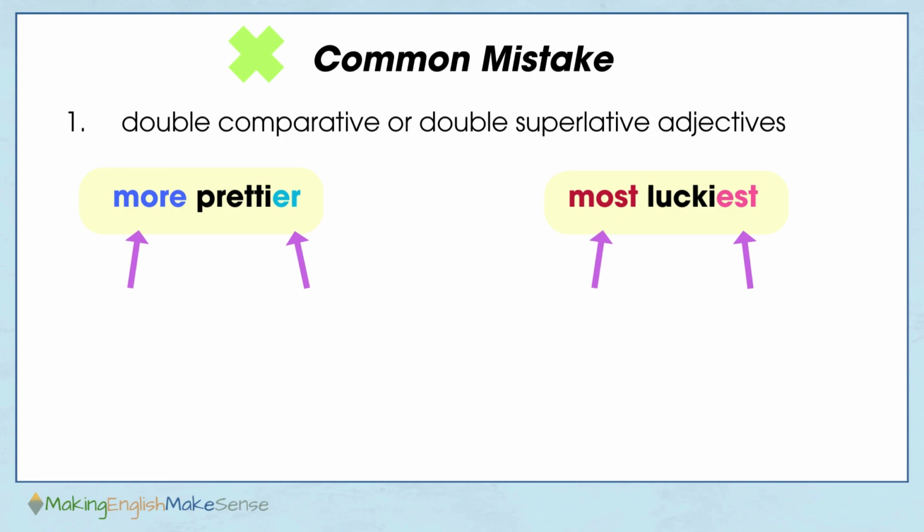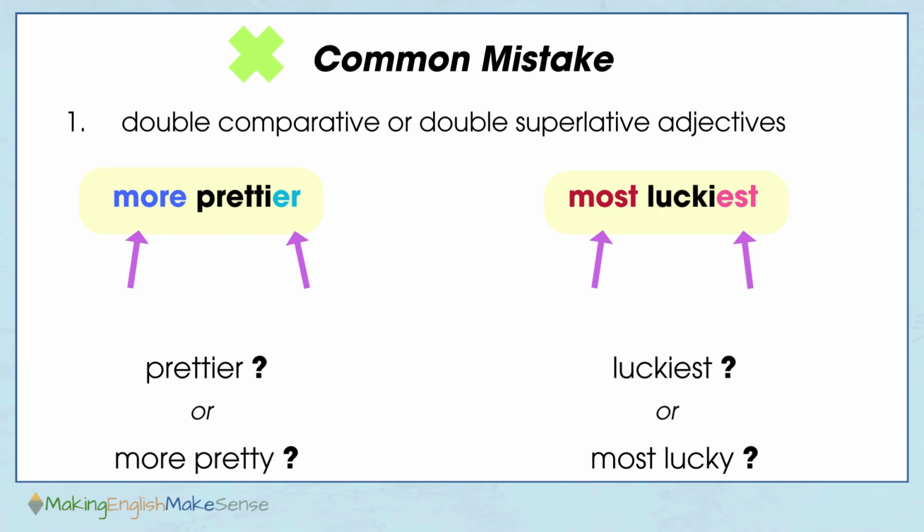This type of mistake has to do with a misunderstanding about how comparatives and superlatives are formed. We need a clear understanding of which adjectives take a comparative or superlative suffix versus which ones are paired with the word more or most, because an adjective only ever uses one or the other, and never both.